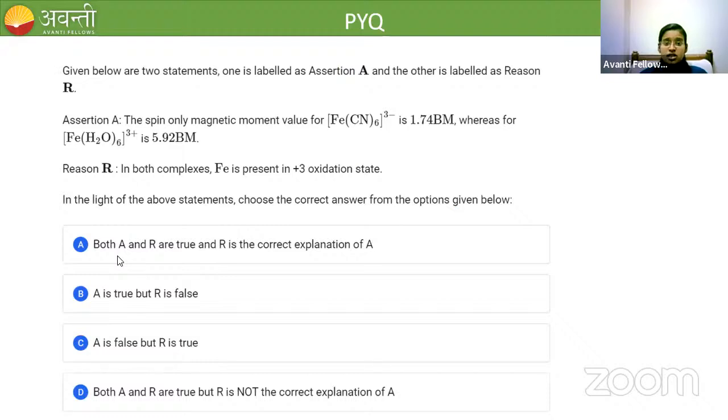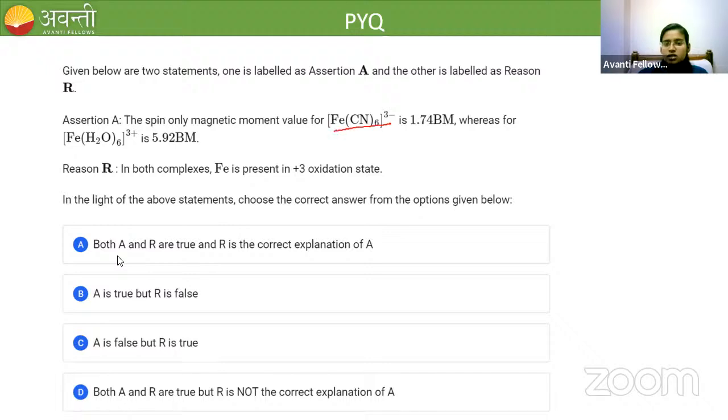It is an assertion reason type question. So assertion says that the spin-only magnetic moment value for [Fe(CN)6]3- is 1.74 Bohr magneton, whereas for the aqua complex it is 5.92. And reason is in both the complexes the Fe ion is present in +3 oxidation state. So can you find out the answer? What is the oxidation state of Fe in both the complexes?